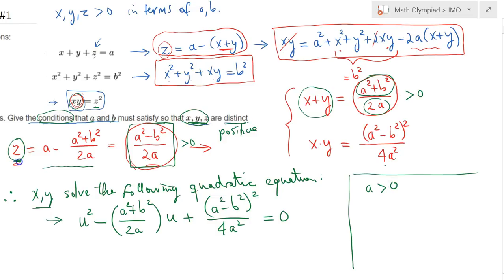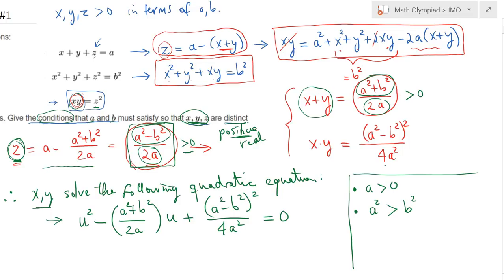Now going back to the initial thing that I got here, we need z to be greater than 0, right? So this thing has to be greater than 0. That means a squared has got to be greater than b squared. That's pretty cool too. So far I have found two conditions that are useful. And finally, x and y are positive real numbers, and they are distinct.